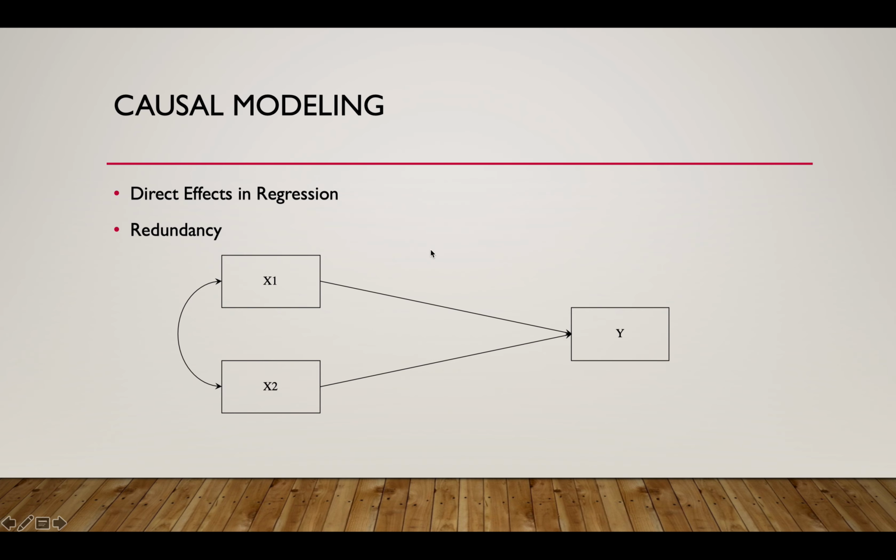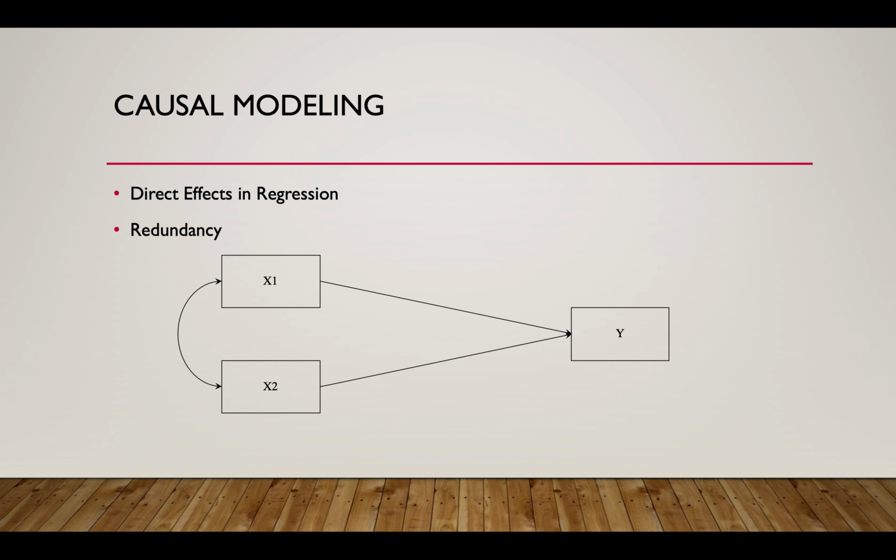However, we have an issue here, and it is called redundancy. Redundancy is due to the fact that x1 and x2 are at least sometimes, or at least partially, related. And so we get redundancy mostly in non-experimental research in the behavioral sciences, and it's because of strong correlations between x1 and x2.